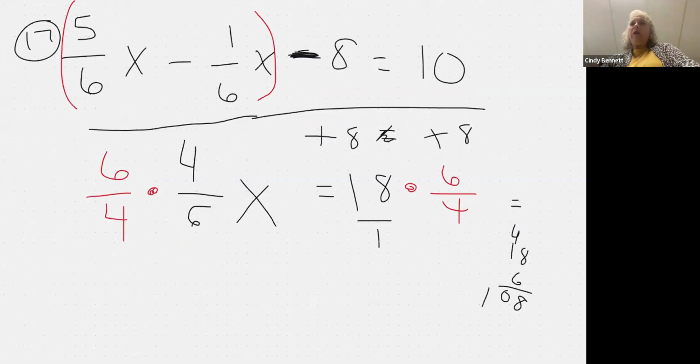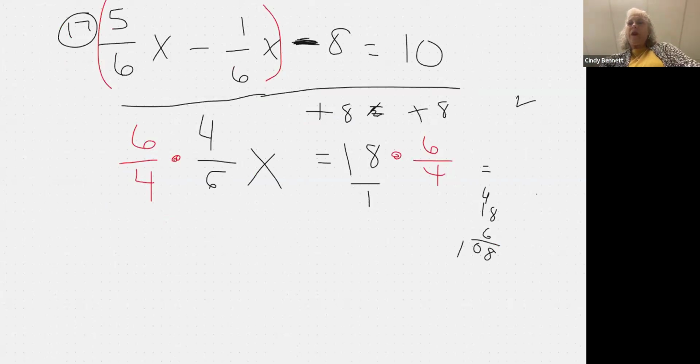Oh, okay, so, oh, I see what you're doing. You could just divide that out. 54 over 2, which is equal to 27. Okay, it does work out.